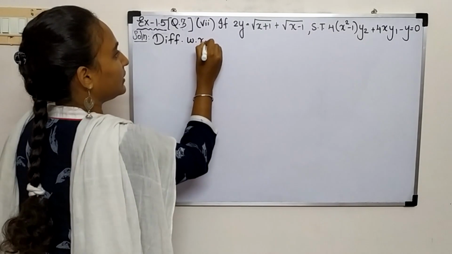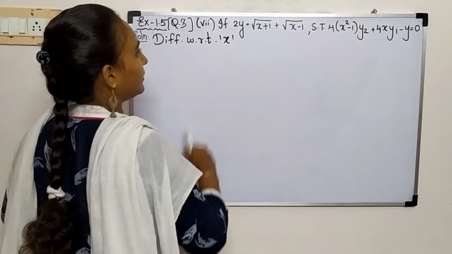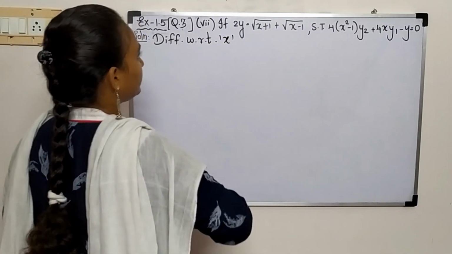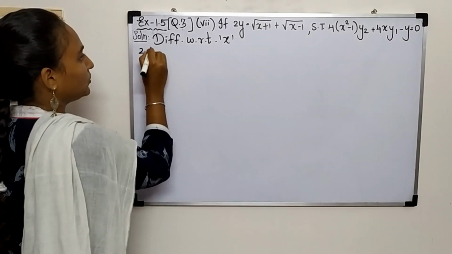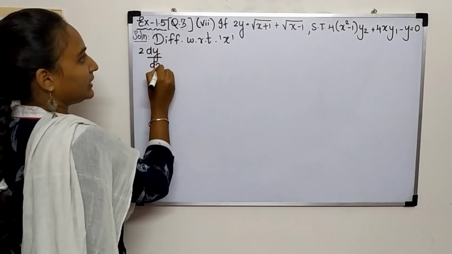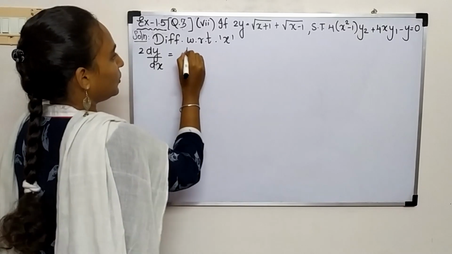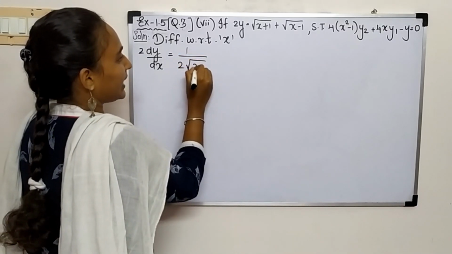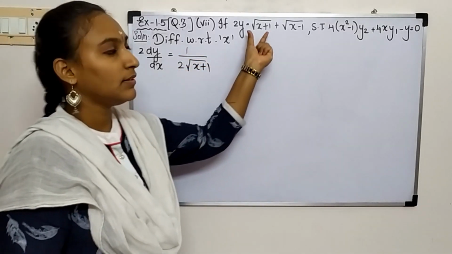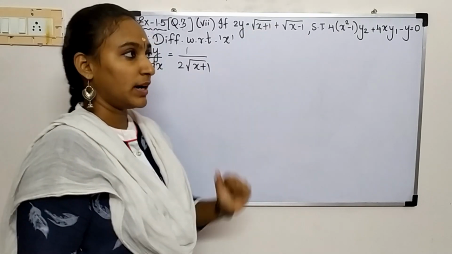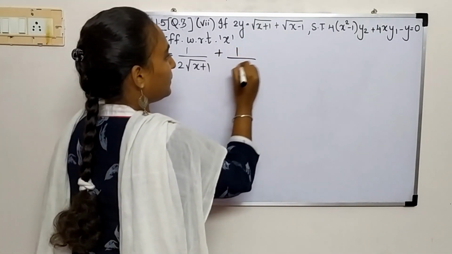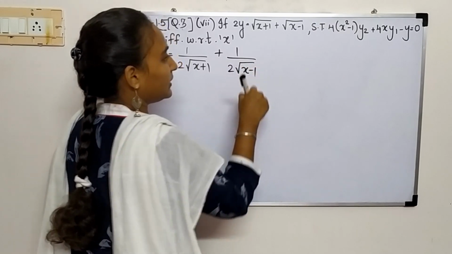Differentiating with respect to x, we get 2 dy by dx is equal to 1 upon 2 root x plus 1, and the derivative of x plus 1 is 1, plus 1 upon 2 root x minus 1.